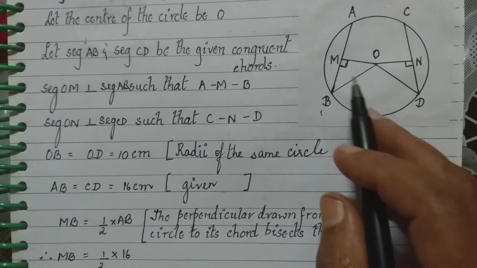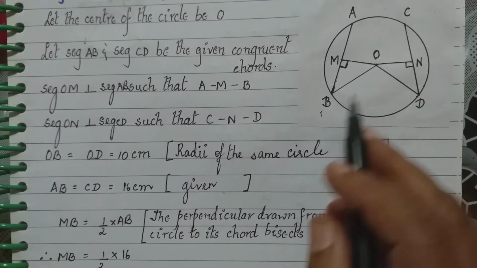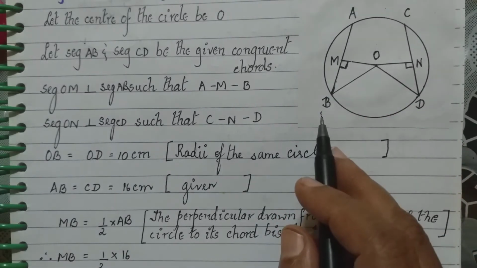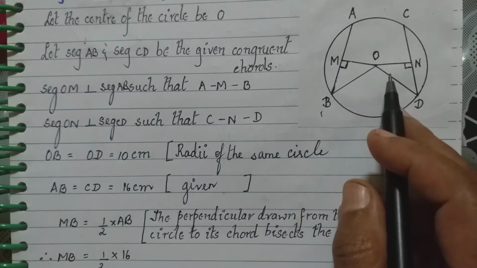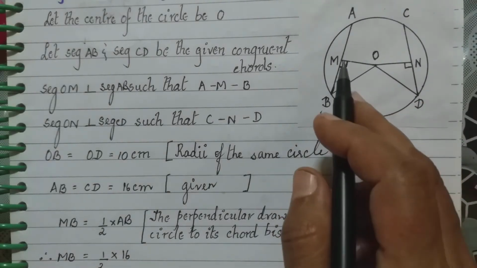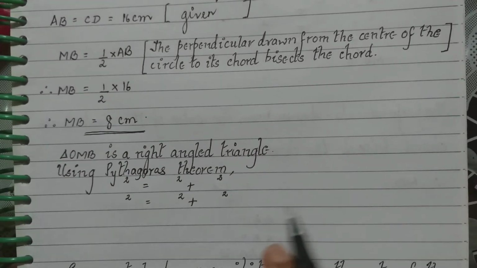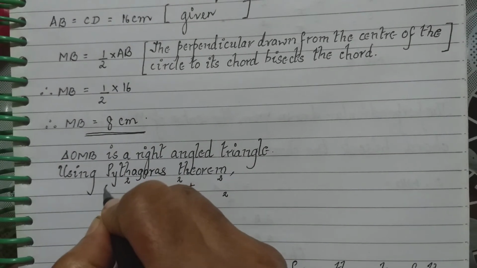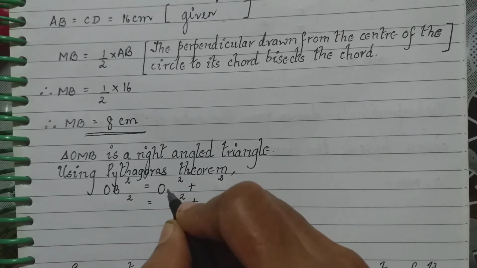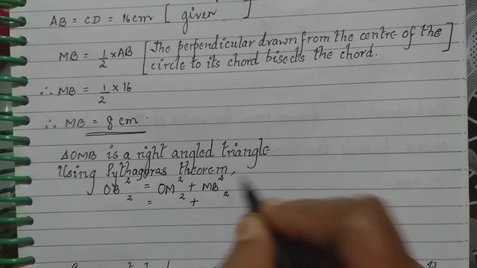The side opposite to the right angle is OB, which is the hypotenuse. So hypotenuse square is equal to sum of the squares of the remaining two sides. That is OB square is equal to OM square plus MB square. So we write OB square is equal to OM square plus MB square.